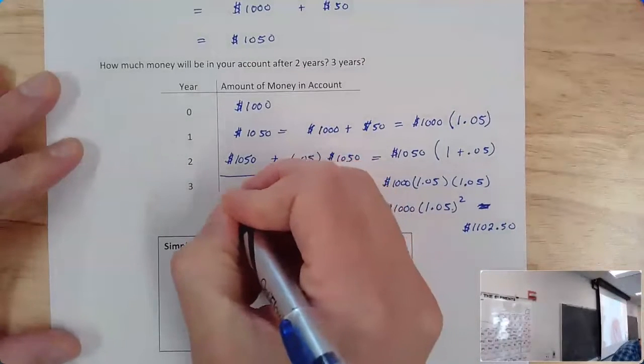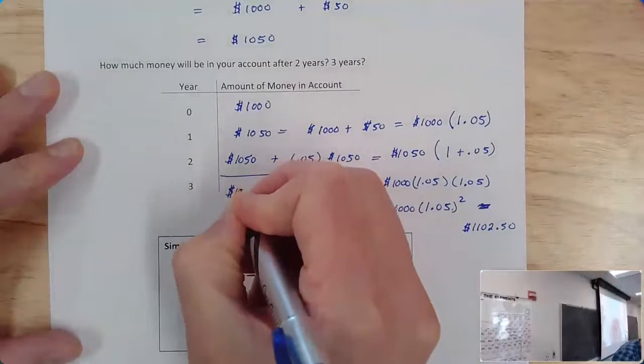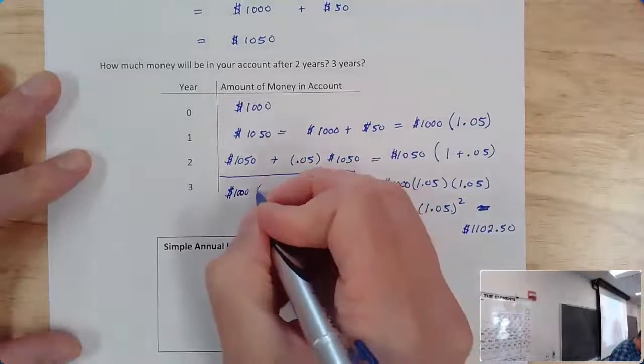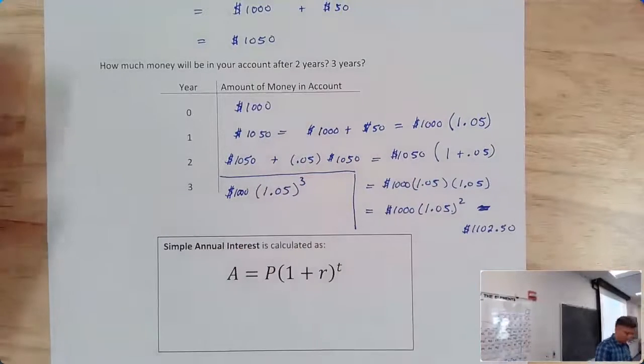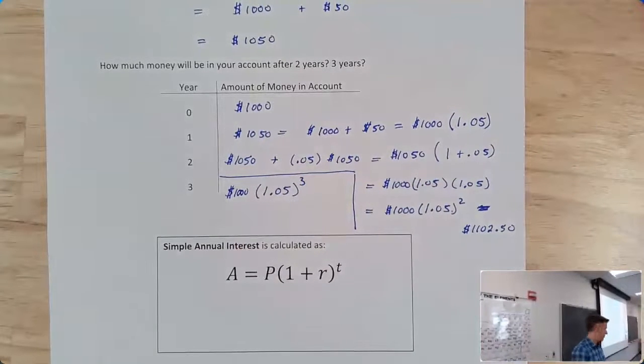So at year 3, we're going to have $1,000 that we started with in the very beginning times 1.05 to the third power, which I didn't actually write down what it was. I have to calculate it out. Here's what my guess is. I know I'm going to earn a little bit more than $50. It should be somewhere in the neighborhood of $1,152. It should be a little more.